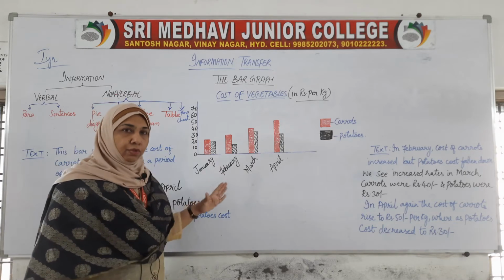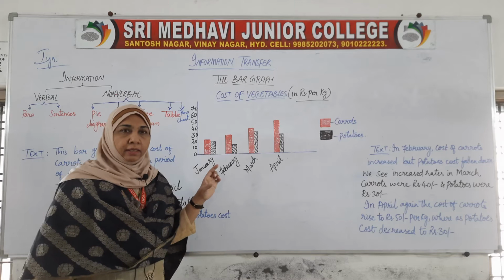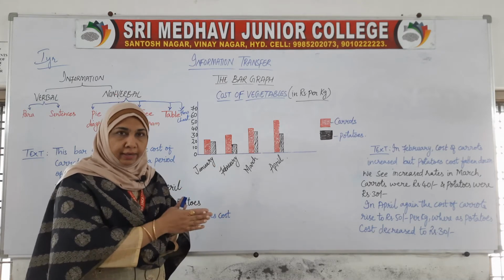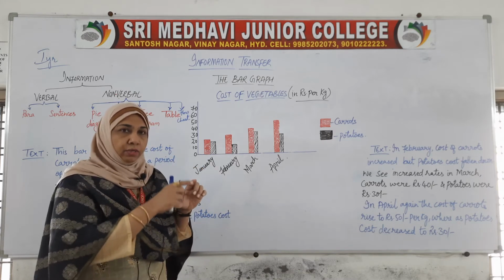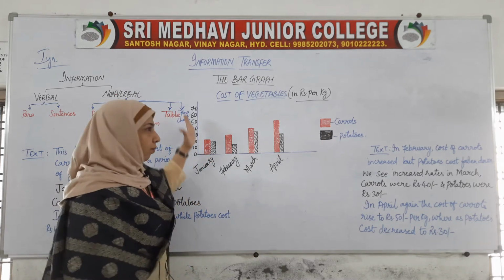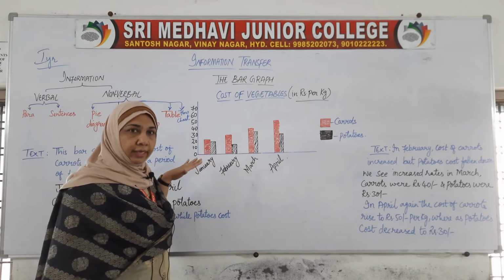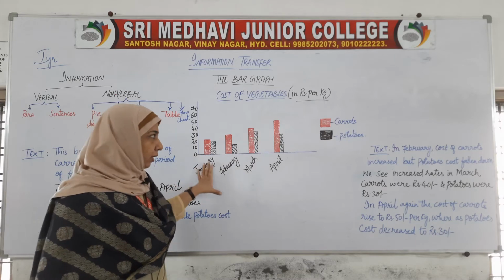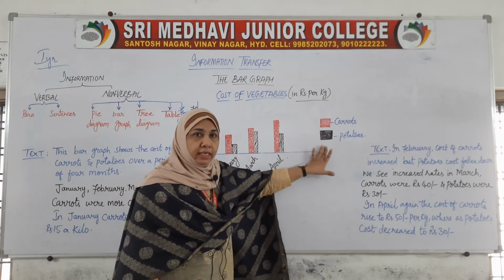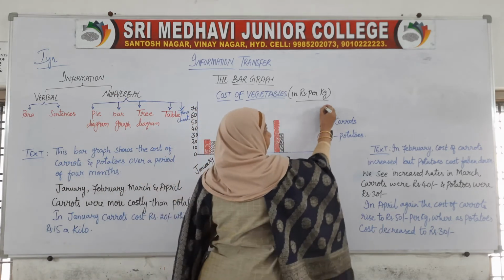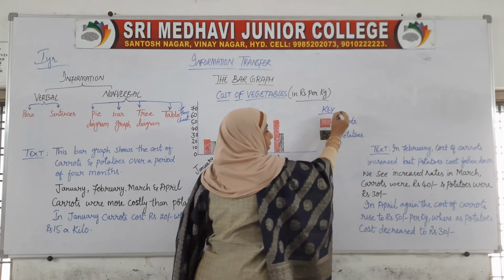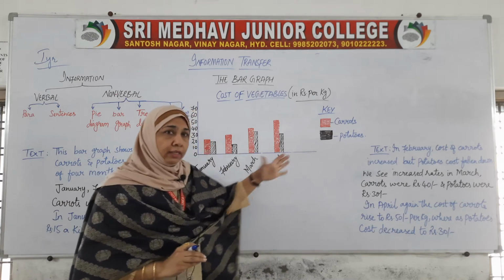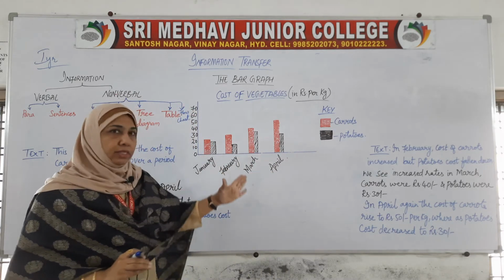If they give you a paragraph and instruct you to transfer it into a bar diagram, then you have to check what you can put on the y-axis and what on the x-axis. After putting all these, you have to create one key for the diagram. Otherwise, how could you know which is the carrot and which is the potatoes?